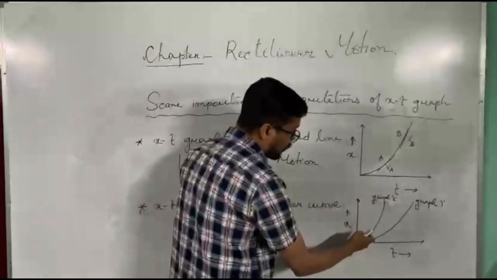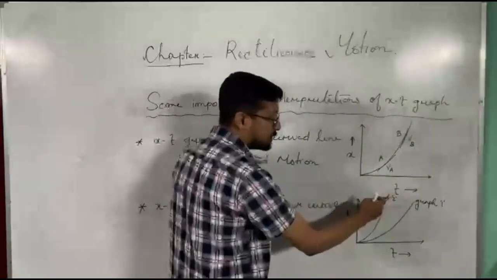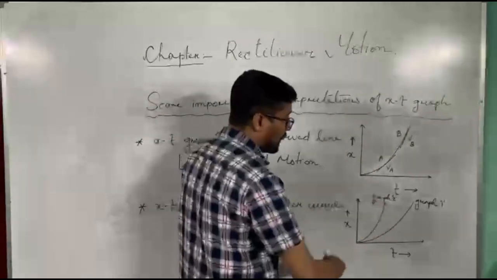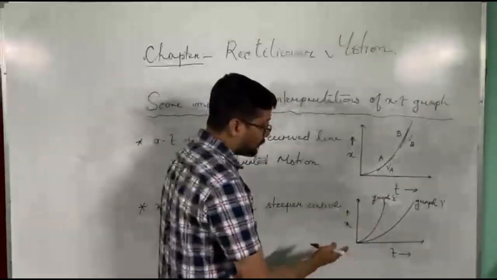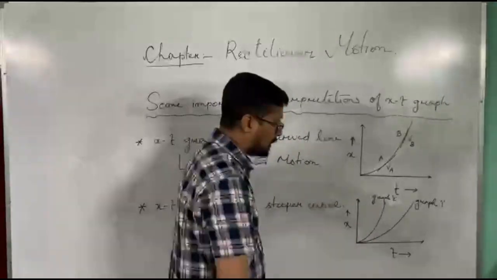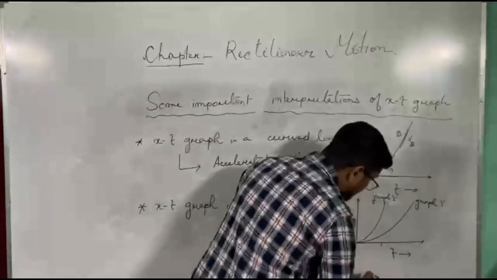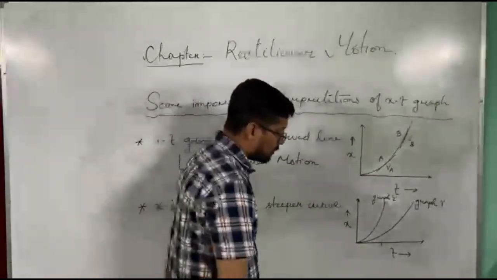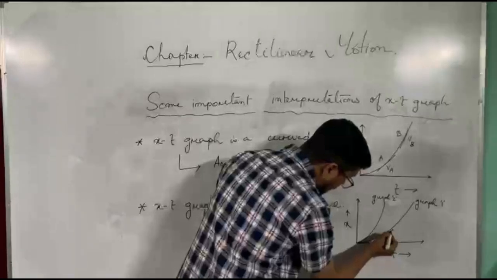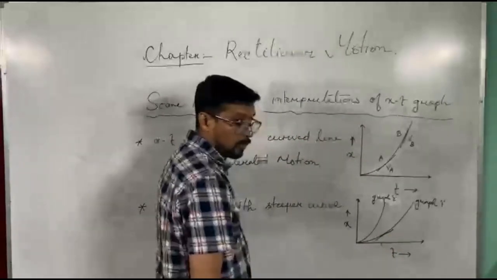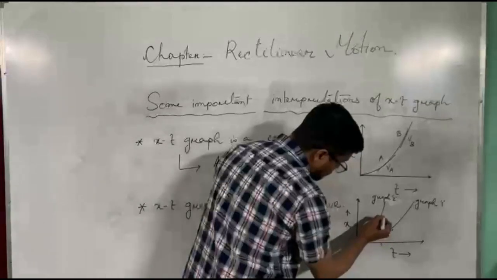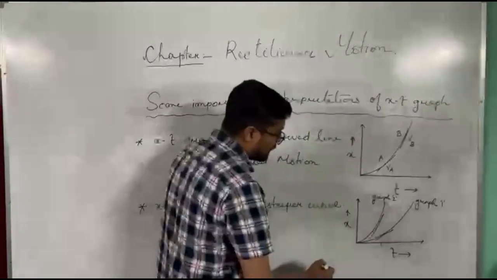Similarly, if I draw tangents on this curve at different instants, I will get different velocities. But if you compare the corresponding slopes at different times, let us take this as a time instant. Now if I draw a tangent here, this tangent will have a smaller slope than the slope of this tangent.